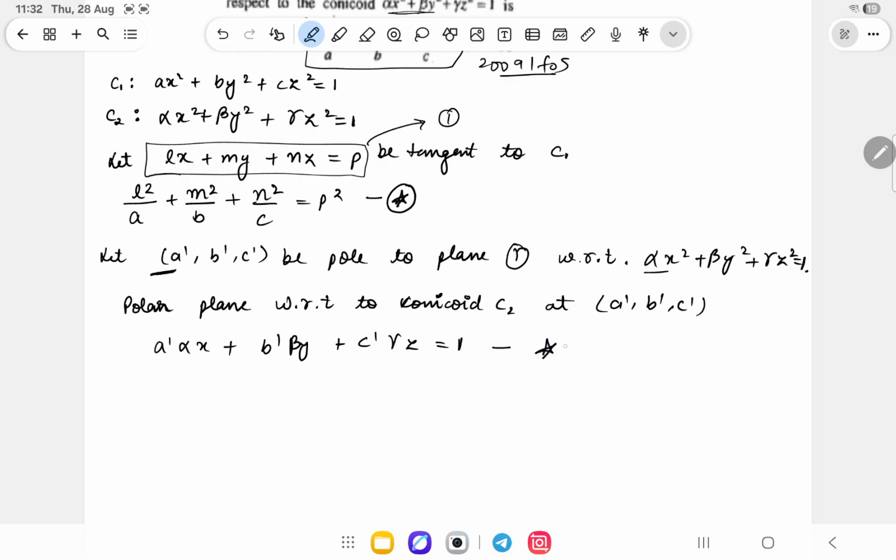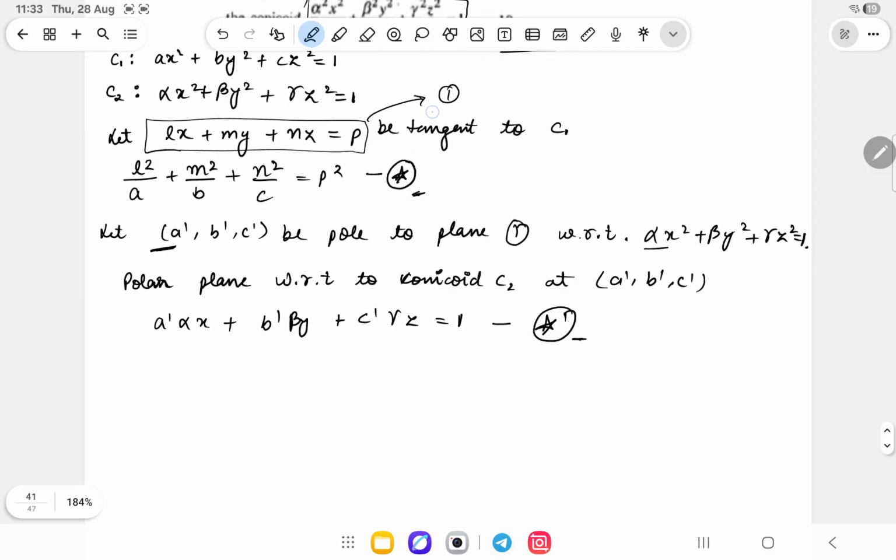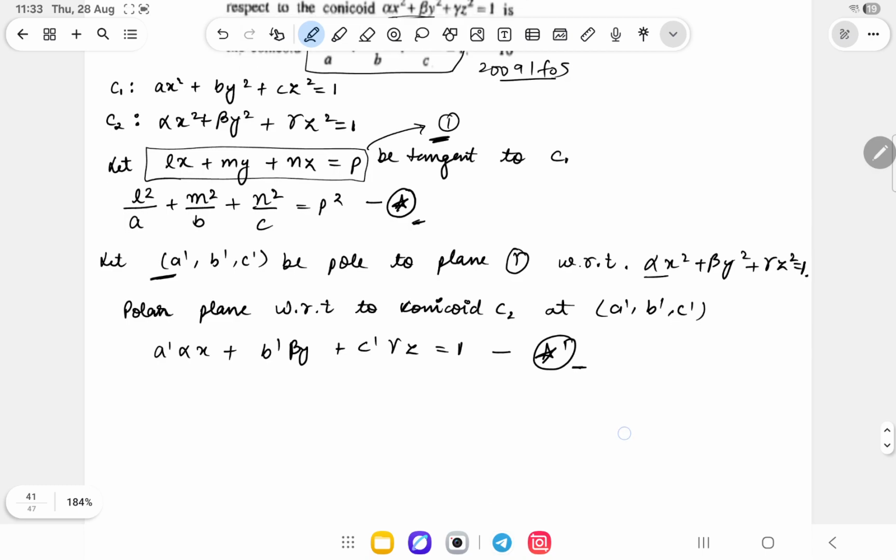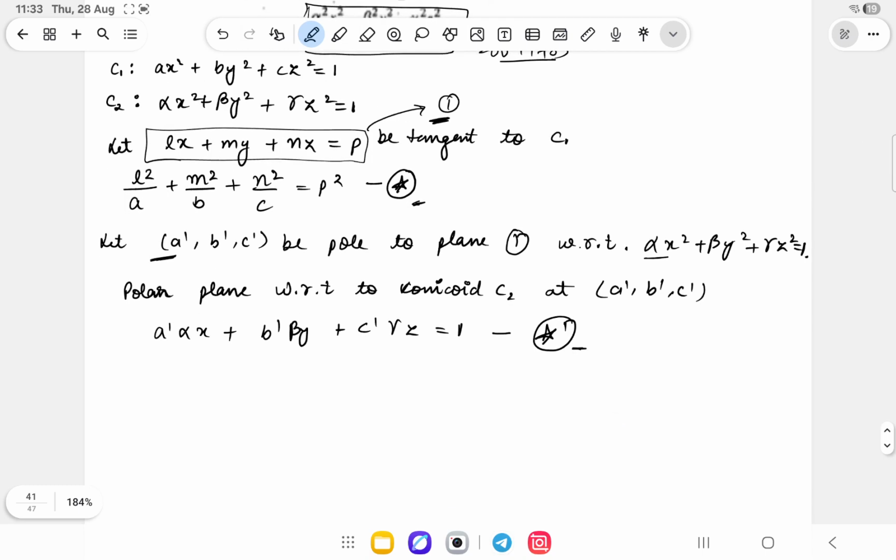Let us name this equation as star dash. Now using the definition of pole of a plane, star dash and the plane which we have assumed, which is acting as tangent to C1, must be representing the same plane.